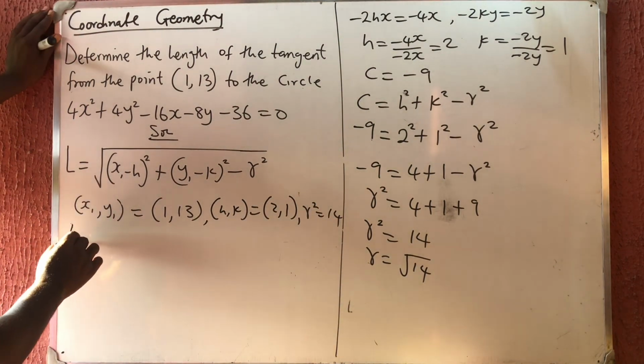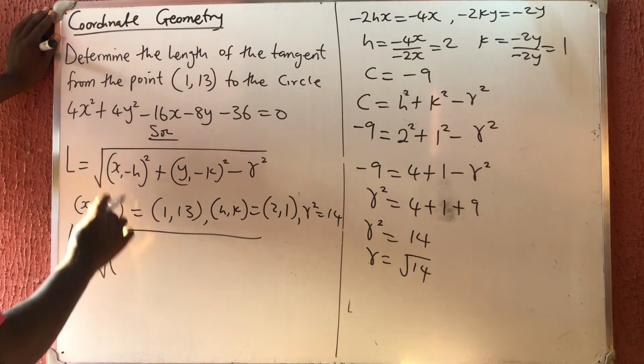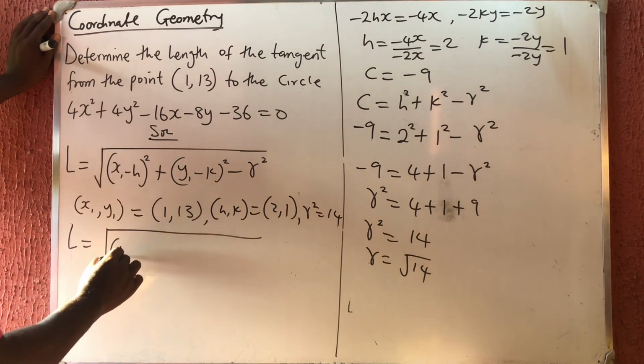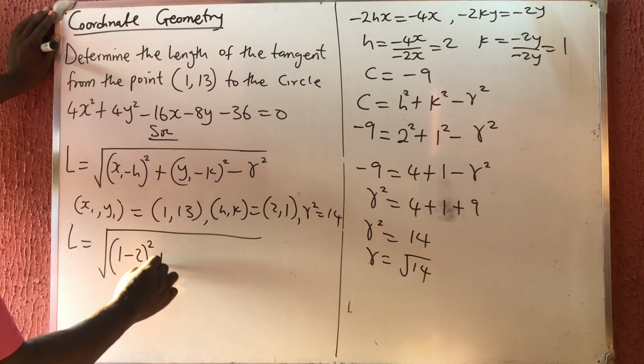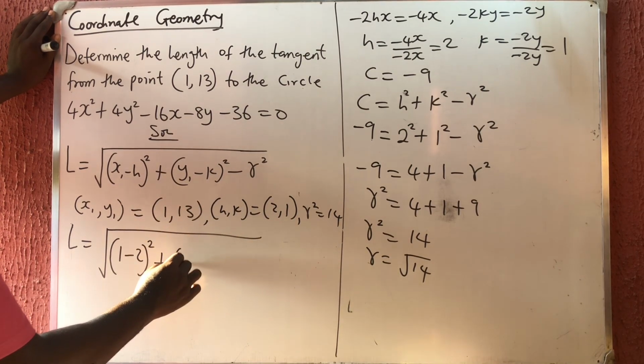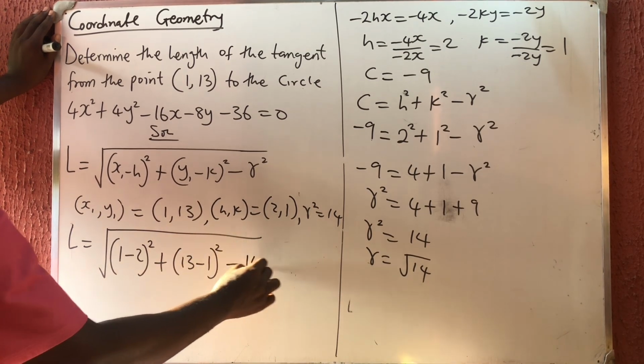So the length that we're looking for will now be the square root of, let's substitute, 1 minus 2 all squared plus 13 minus 1 all squared, then minus 14.